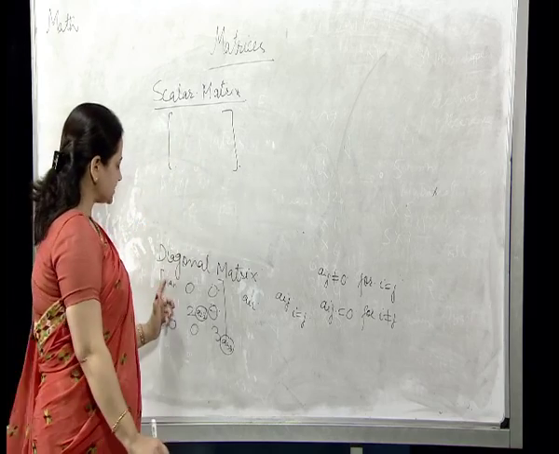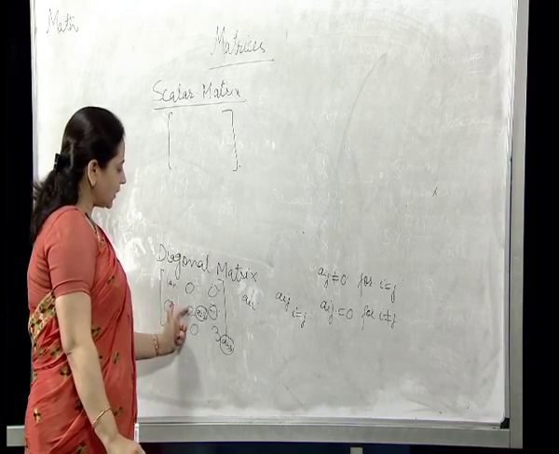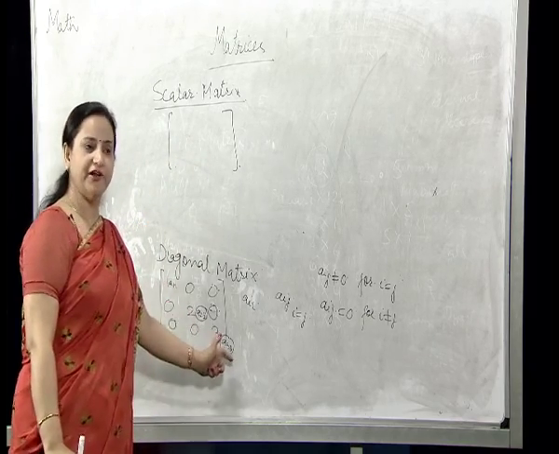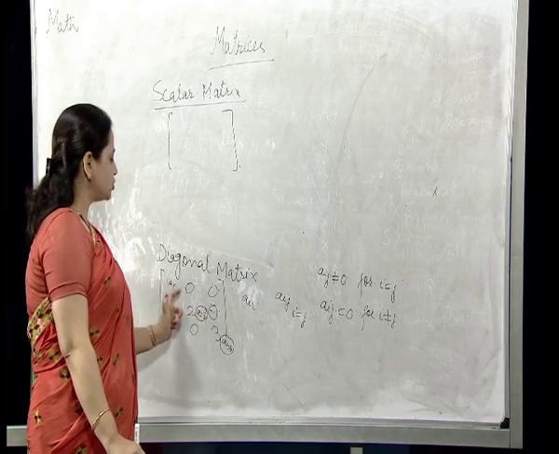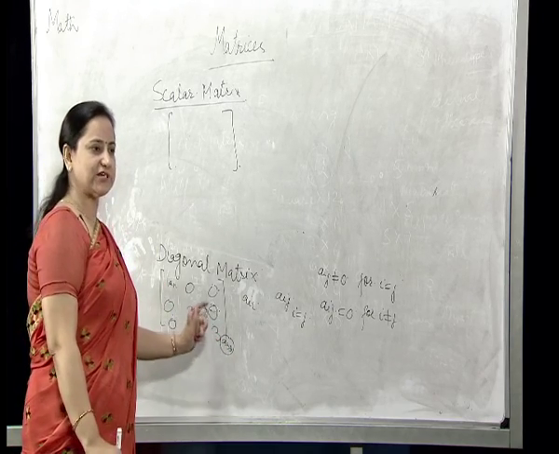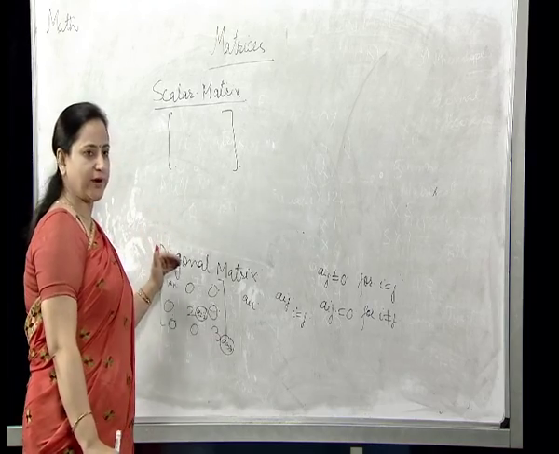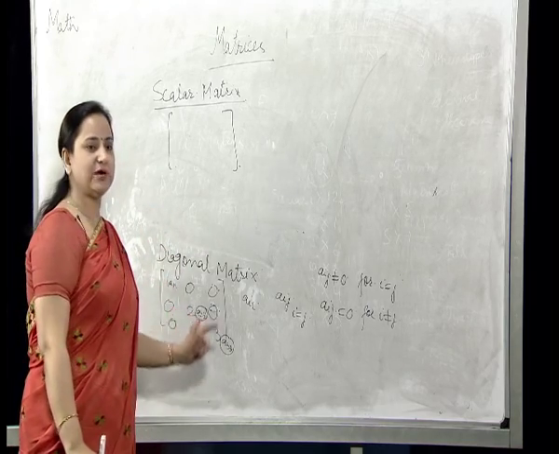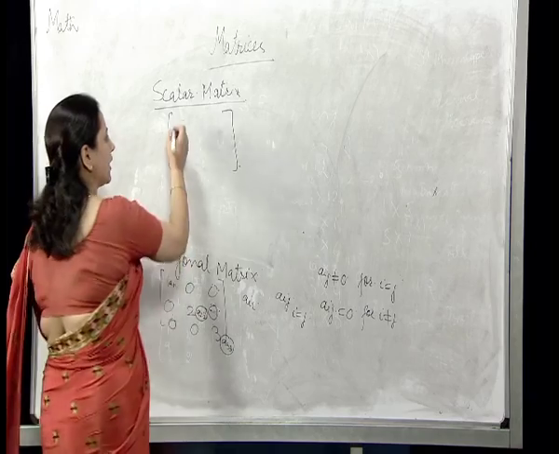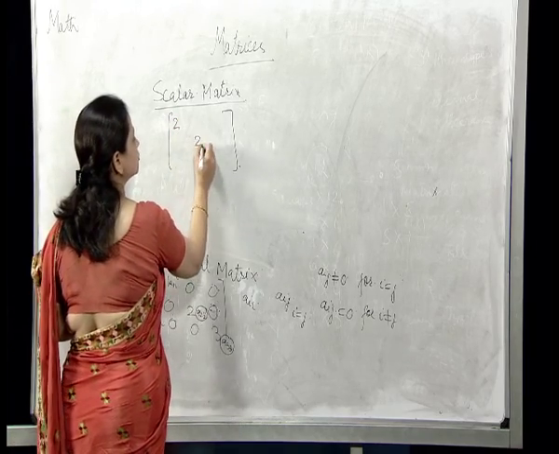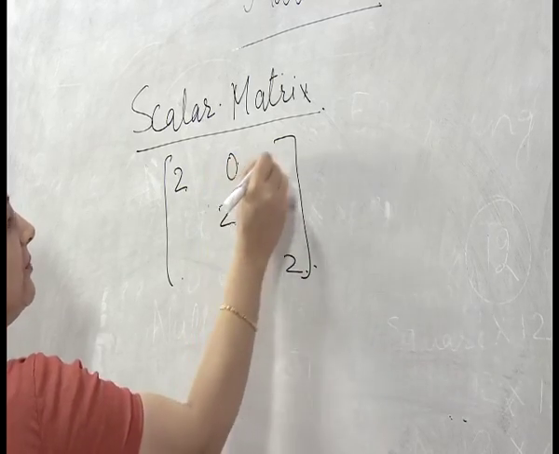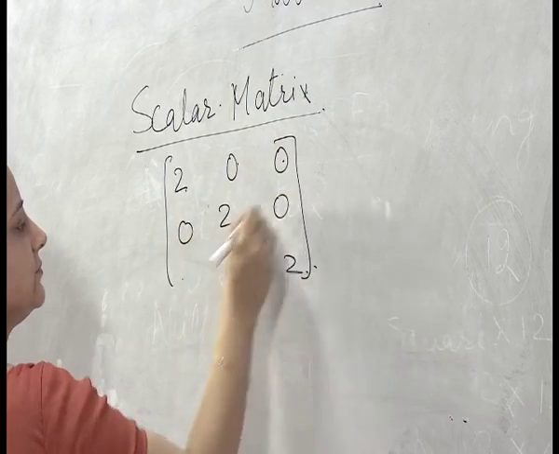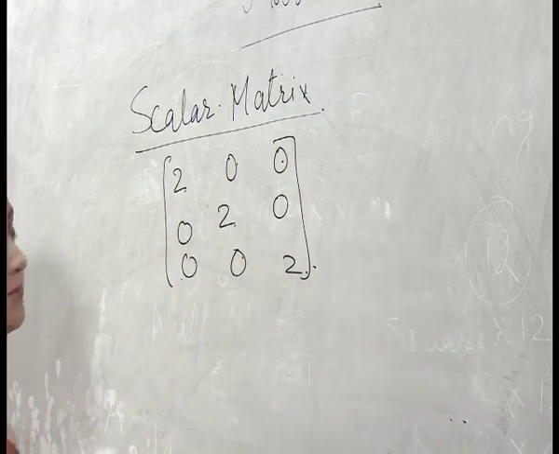Rest all the things are 0. Here you can see all the 3 elements are different. You have 1, 2 and 3. All the elements are different, but in a scalar matrix, all the diagonal elements are the same. You can have this as 2, 2, 2. Rest all the elements are zeros.